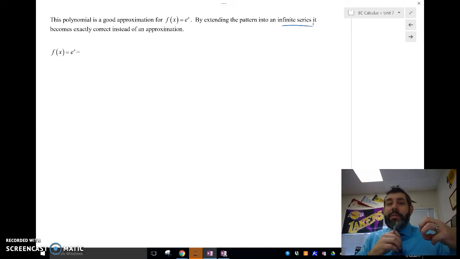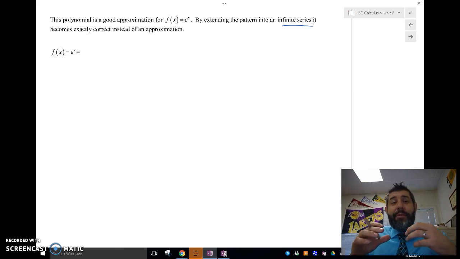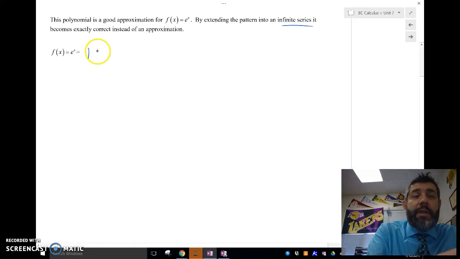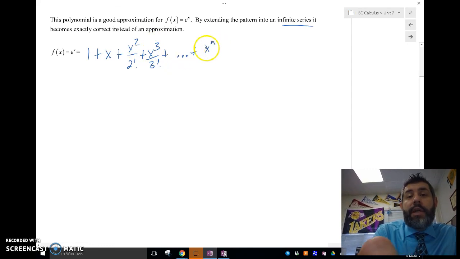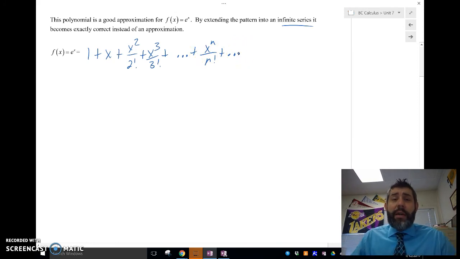So we have a good approximation, which is the Maclaurin polynomial to a certain degree, and then we have the exactly correct one, which is our entire series: 1 plus x plus x squared over 2 factorial plus x cubed over 3 factorial plus dot, dot, dot, x to the n over n factorial, plus dot, dot, dot. By going out to infinity, we've created an exactly correct representation of the function f of x equals e to the x using a Maclaurin series.